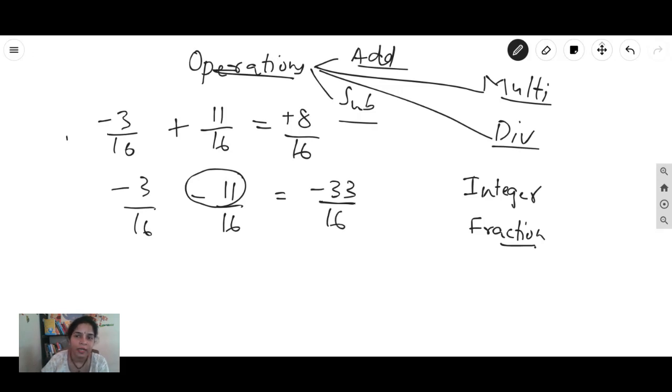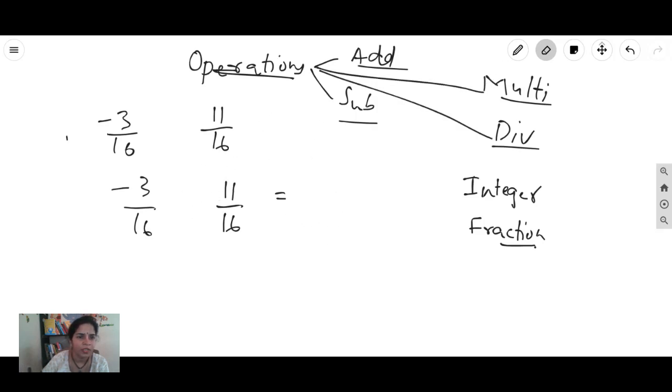Now, if we take multiplication for the same numbers, how does multiplication work? It works by multiplying the numerators and multiplying the denominators, right? So you multiply the numerators, and the denominators also you multiply, and write.